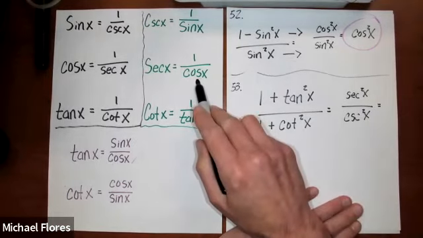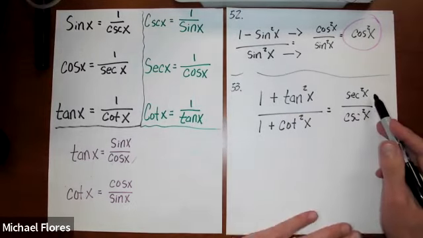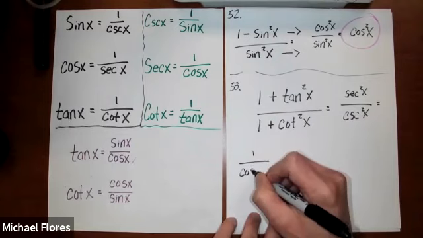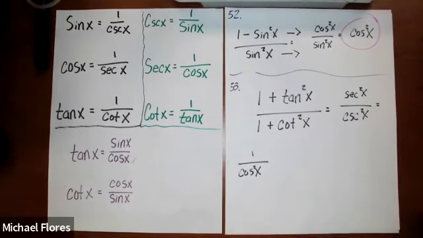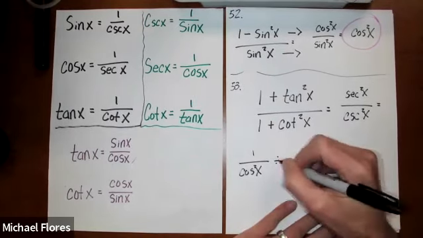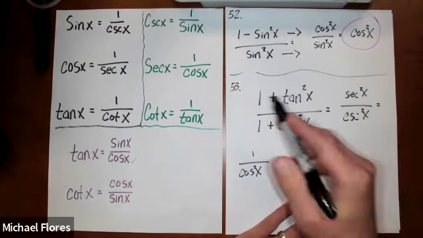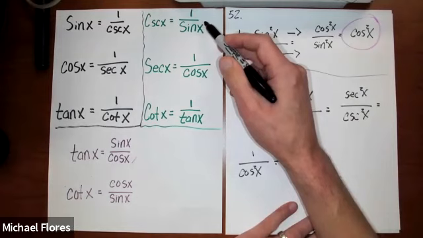That's the same thing as 1 over cosine, but since it's squared, make sure you square the cosine. Divided by cosecant squared of x, same thing as 1 over sine squared of x.